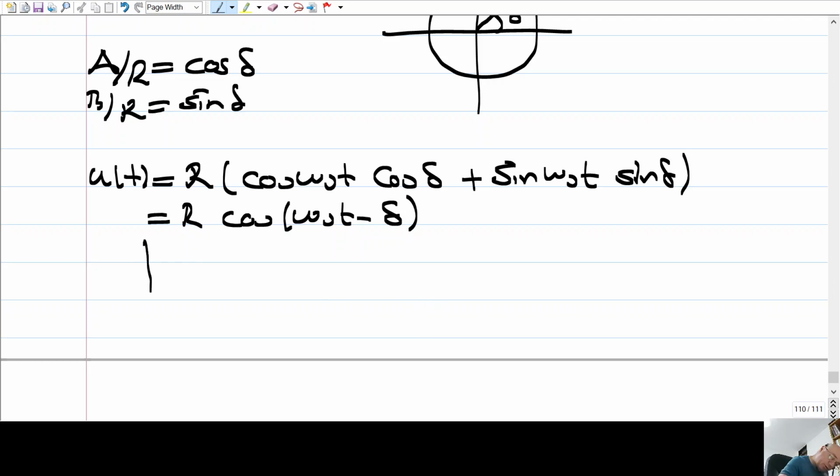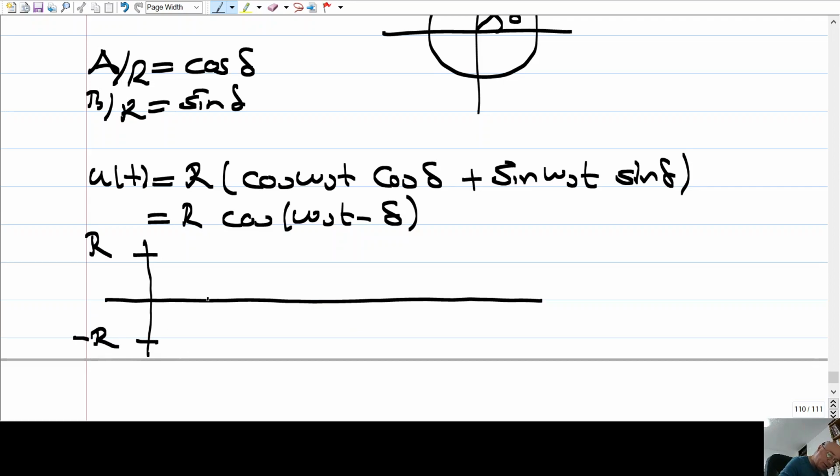Let me just do it here. R is, let's say, this one, and minus R is here. I have a cosine wave, not sine, cosine, and something like this.